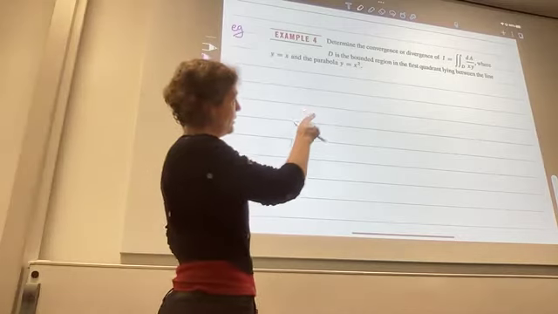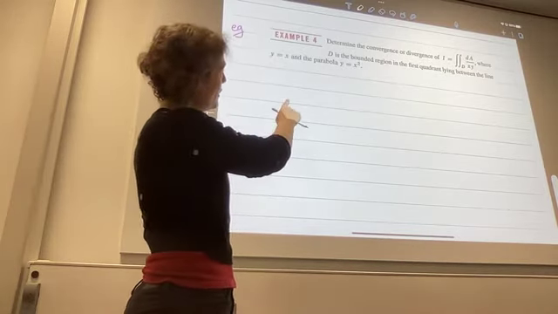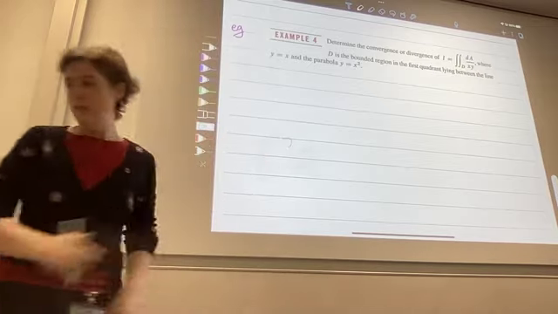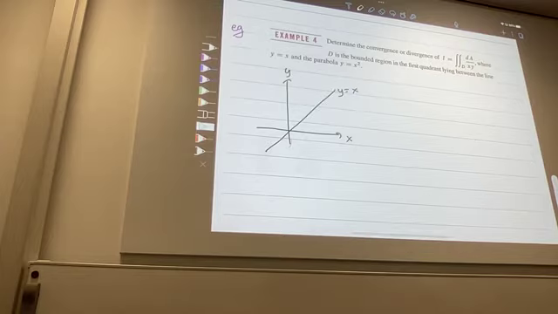We want to integrate 1 over xy, where our region is in the first quadrant, and it lies between the line y equals x and the parabola y equals x squared, which does something like this, and they cross at 1. So this is our region here.